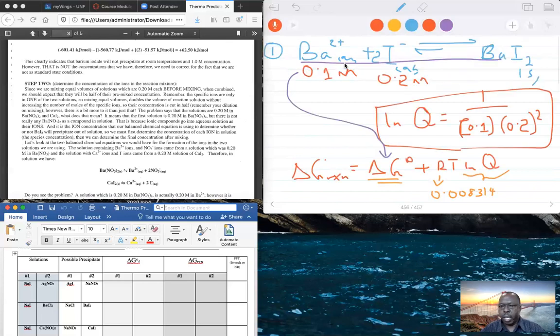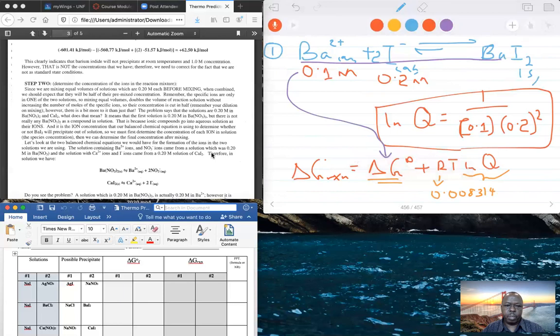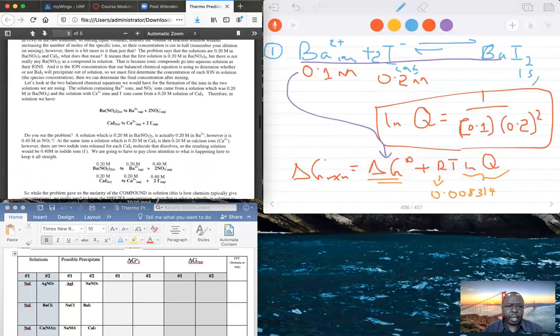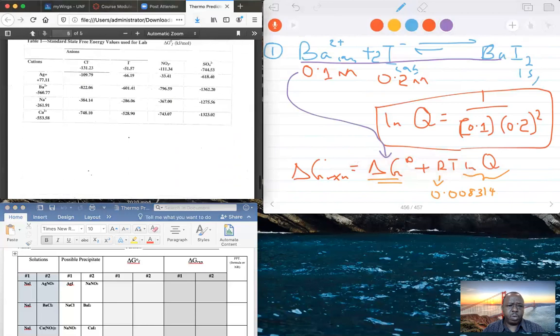This equation here, where am I going to get this? At the bottom of this handout I have online, there's a table at the bottom you will have to use. This one right here.